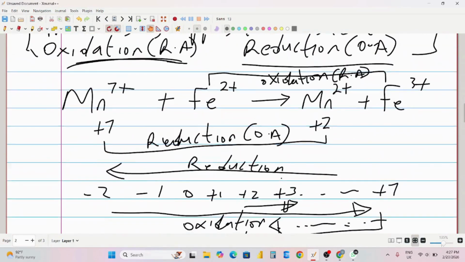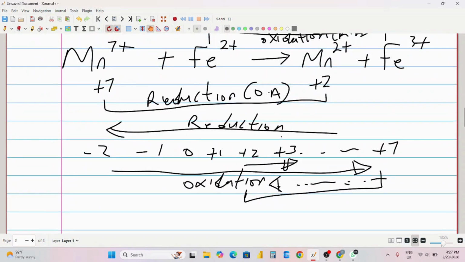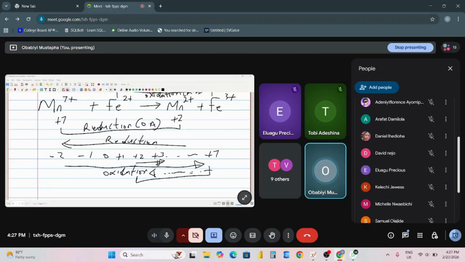With this, there's just one last thing to cover, and that is oxidation number calculations. Although I believe you still remember this, just to show one example, because it's very common in UTME, and it will be very bad if you see it and you gag on the chart.